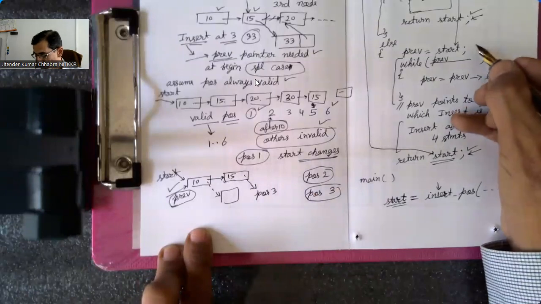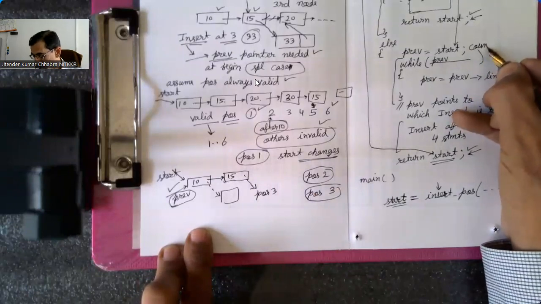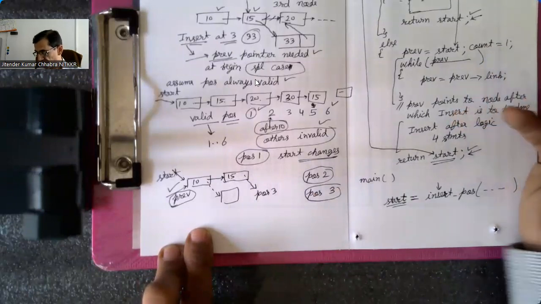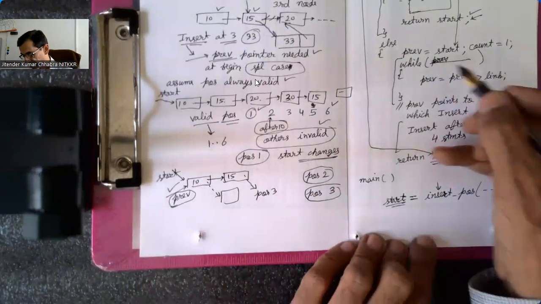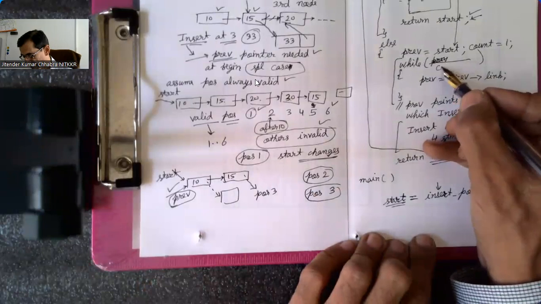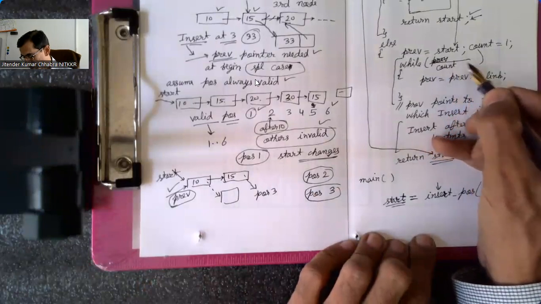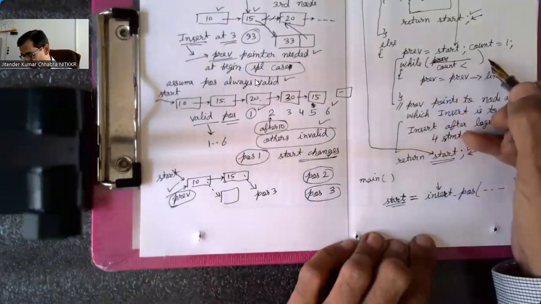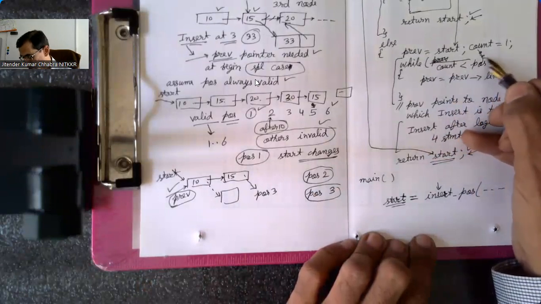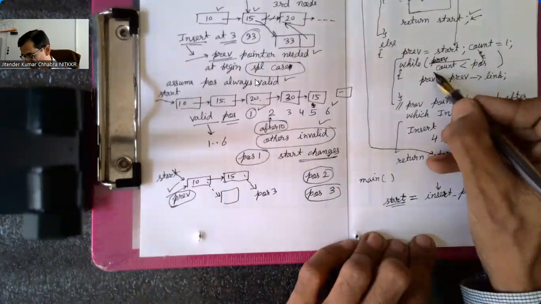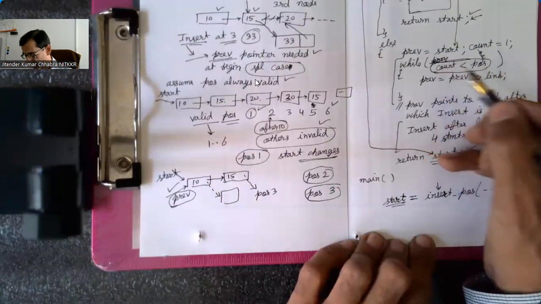So I will take a count variable. That count equal to, let's say, 1 initially. And now I will write count based logic for the condition. While count less than based on some position. If I write count less than position, let's check will it work or not.